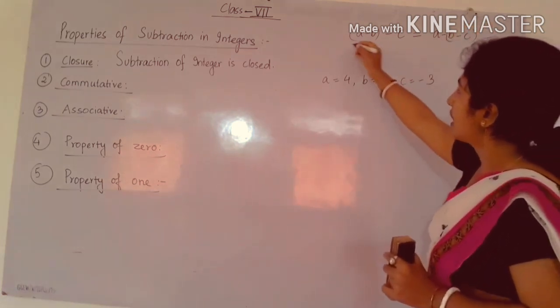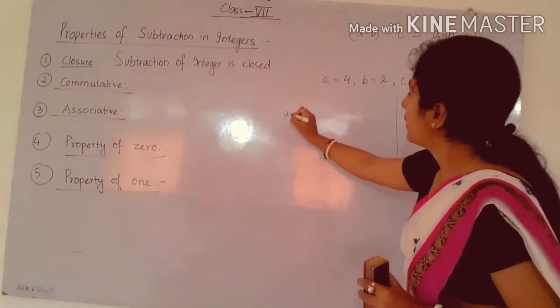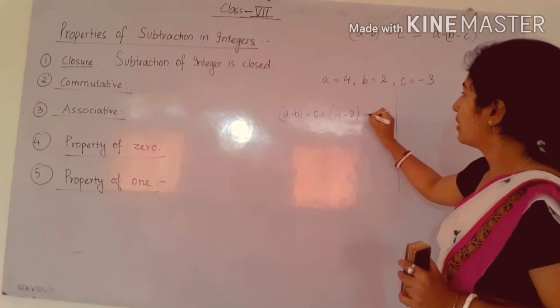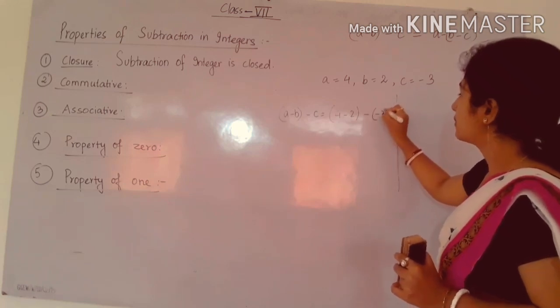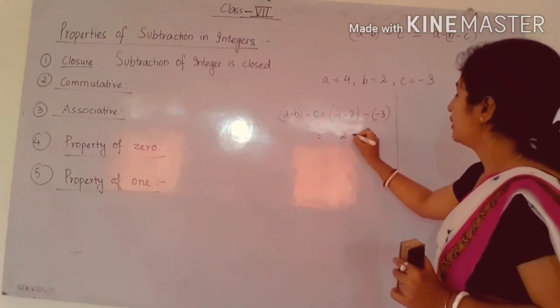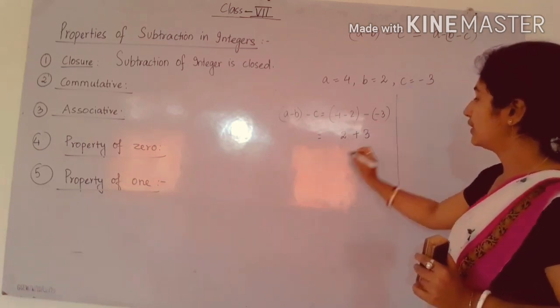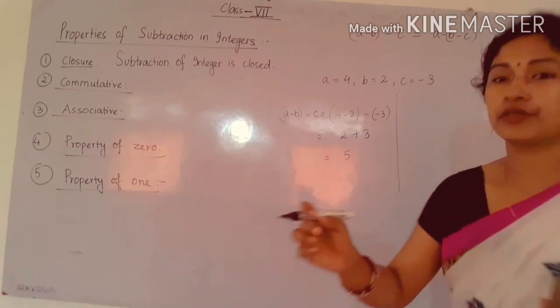So for the left hand side, (a minus b) minus c, that is 4 minus 2 minus minus 3. So it will be 2 plus 3, which is 5.